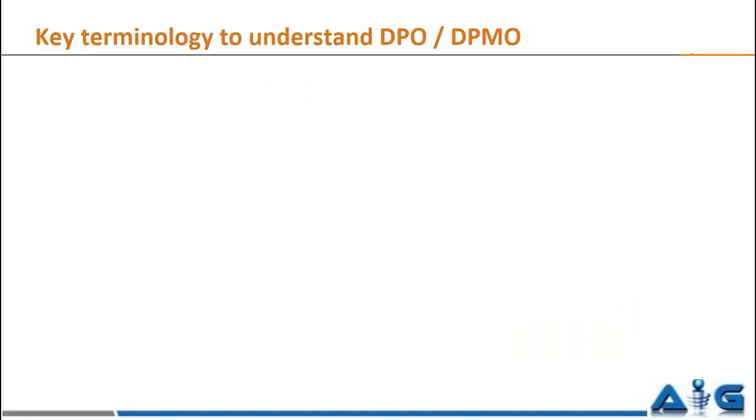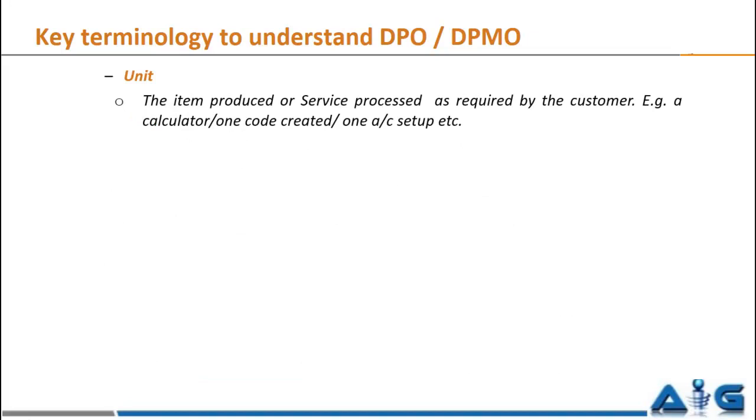Now let's look at a few key terminologies to understand DPO and DPMO. The first is unit. Unit is an item produced or a service processed as required by the customer. That is, let's say a calculator, or one code created, or one account setup. This is a unit.